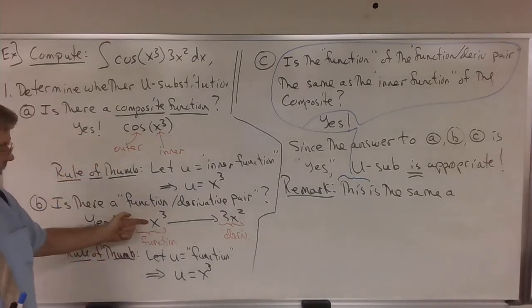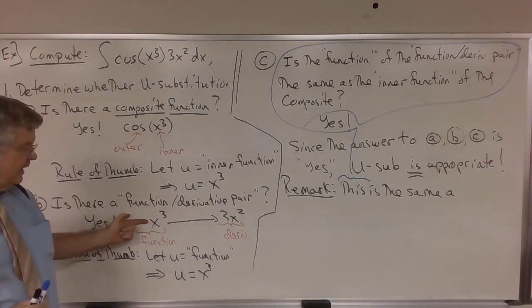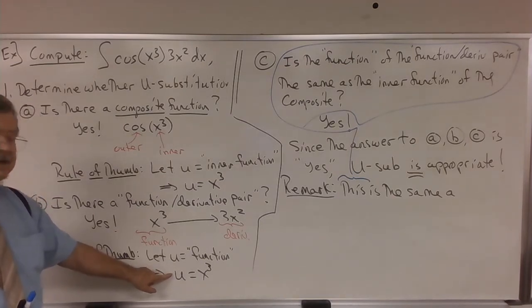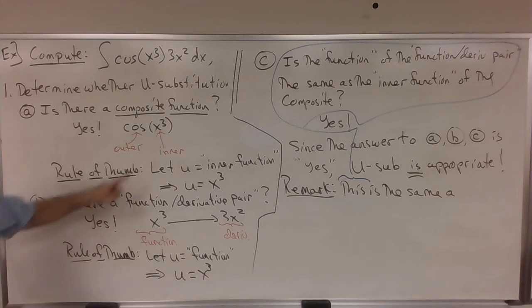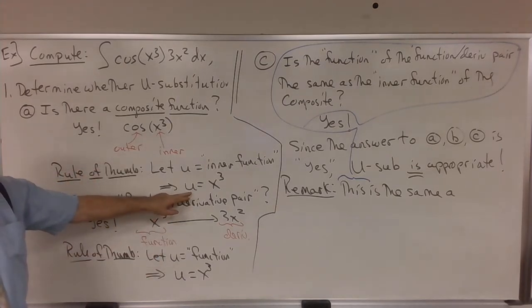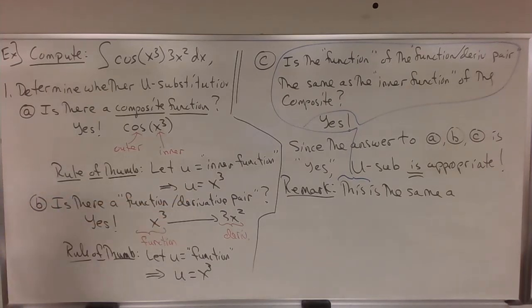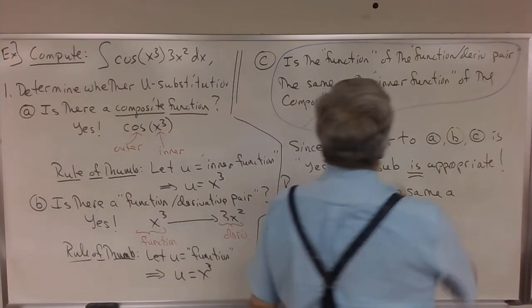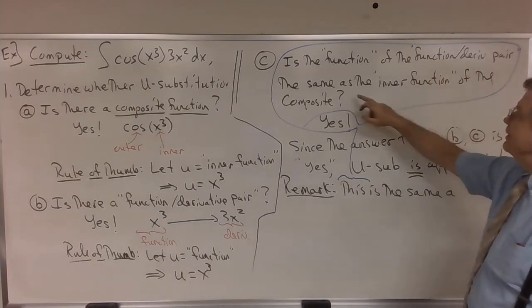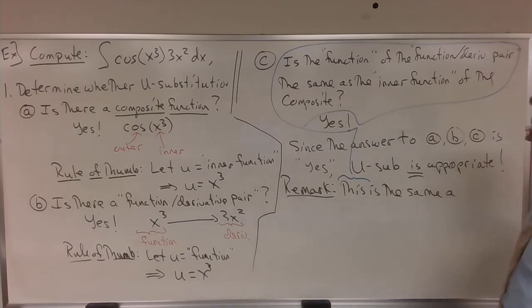The function of the function derivative pair is what we let u be equal to in criterion B. And the inner function of the composite is what we let u be equal to in part A. So instead of asking that, we can ask, do criteria A and B recommend the same choice of u?